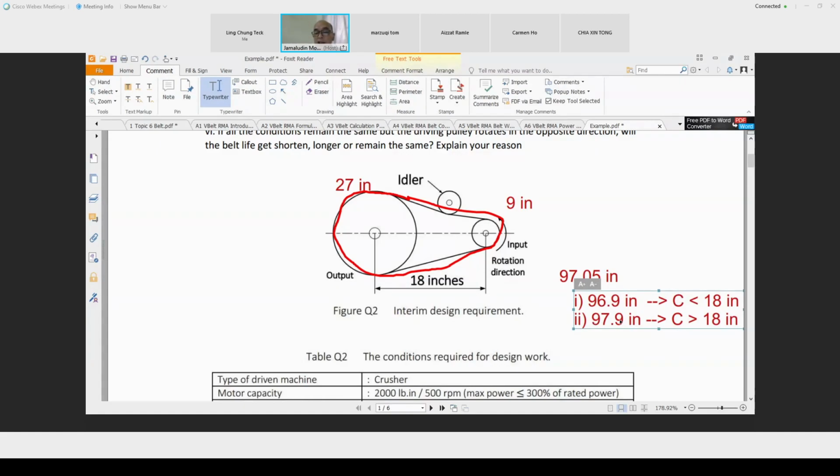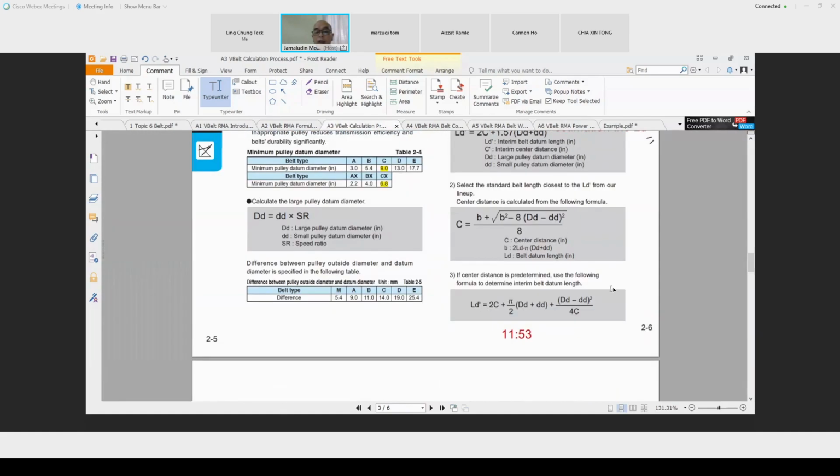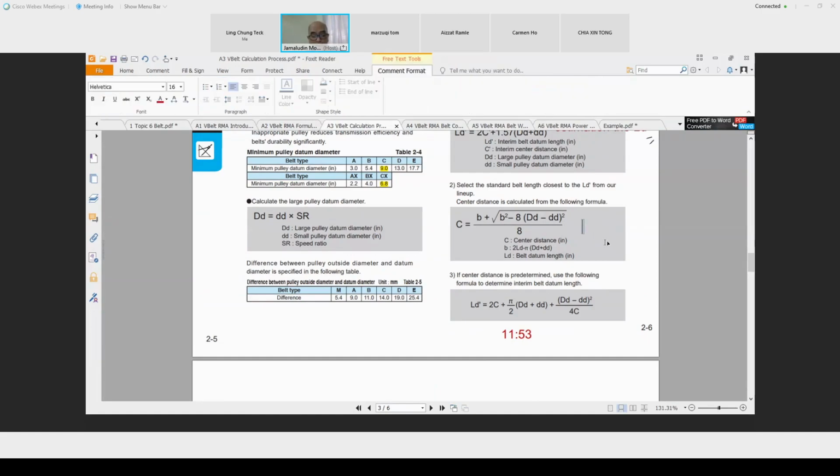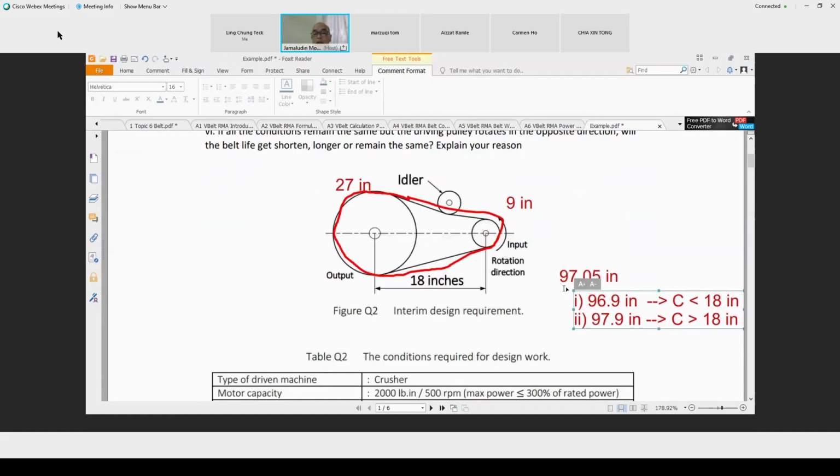After having this choice 97.9, we have to calculate the center to center again because the configuration of the pulley is going to be different. Remember, the configuration we have here is based on 97.05, which is 9, 27, and 18 inches center to center.